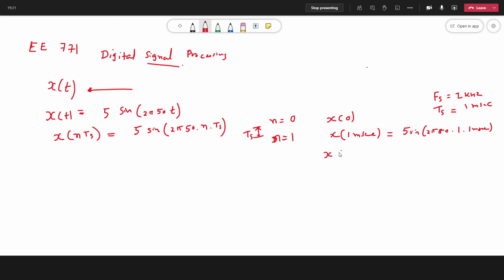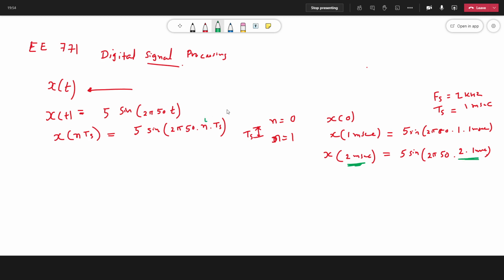Similarly, again after 1 millisecond, if I find out the signal, then it is nothing but x of 2 millisecond equal to 5 sine 2 pi 50 into n. Now n is equal to 2. So 2 into Ts is 2 milliseconds, of course. So it will give me the strength of the signal at 2 milliseconds.